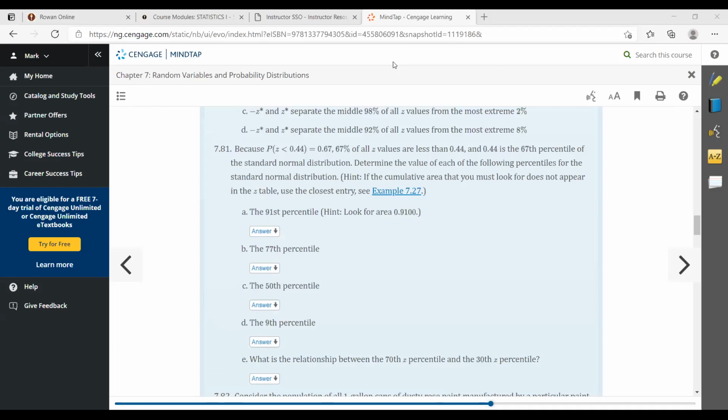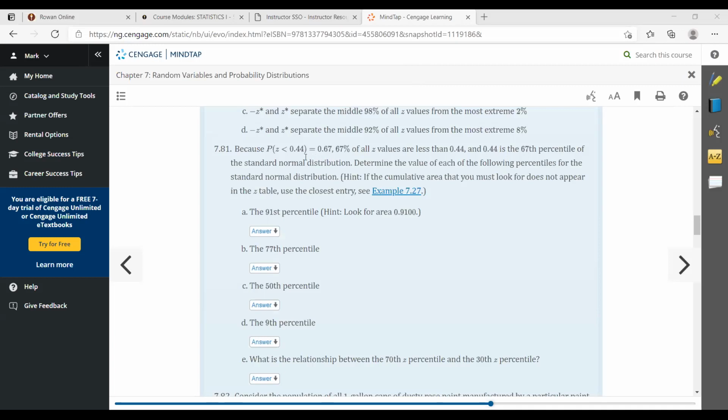Another name for a percentile is cumulative area. It's the area to the left, cumulative area. So don't get fooled: when you see percentile, it means exactly the same thing as area to the left. What they're asking for is that particular value of z or x, depending on what's being asked, where the area to the left is that percentile.